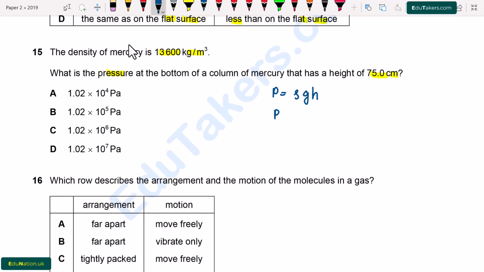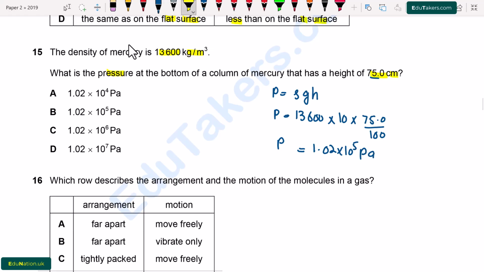So P will be equal to, density is given, 13,600 multiplied by the value of g is 10 and the height is given 75.0 cm and we have to convert into meters. So here will be 75.0 divided by 100. So the value of pressure will be equal to 1.02 into 10 to the power 5 Pascal.